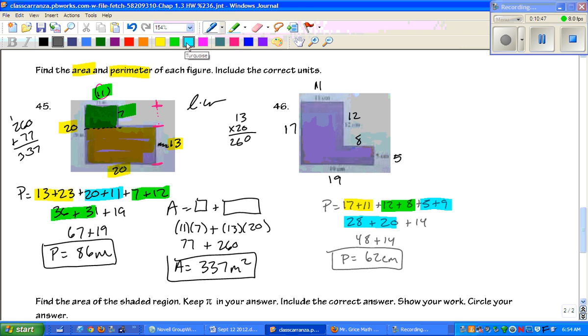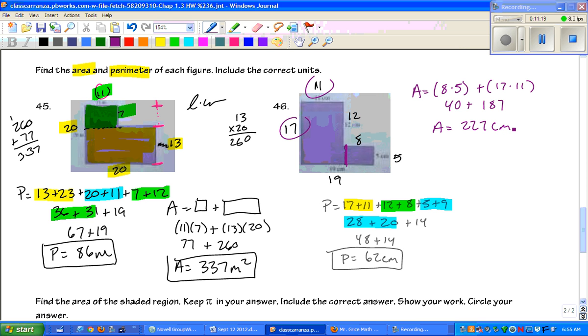Okay, for area, I broke it down on this line right here. So area equals 8 times 5 plus 17 times 11. Using your multiplication charts, you should get 40 plus 187. And add those together, you get 227 centimeters squared.